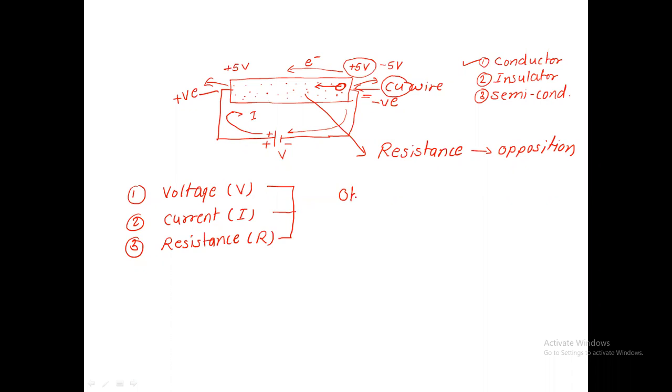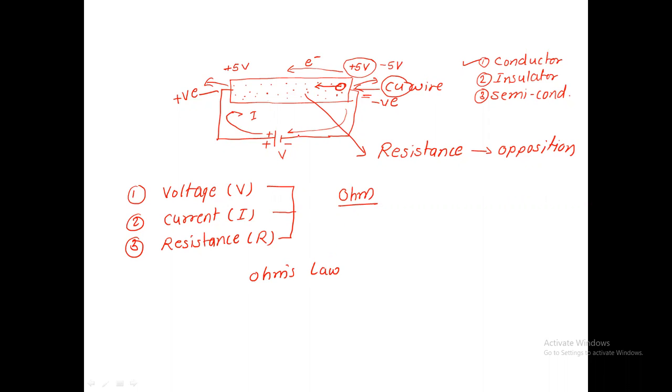The name of the scientist is what? Ohm. And the relation between these three parameters we know as Ohm's law. It was known by his name, see. Before understanding what Ohm's law is, it is very necessary to understand why it was made.